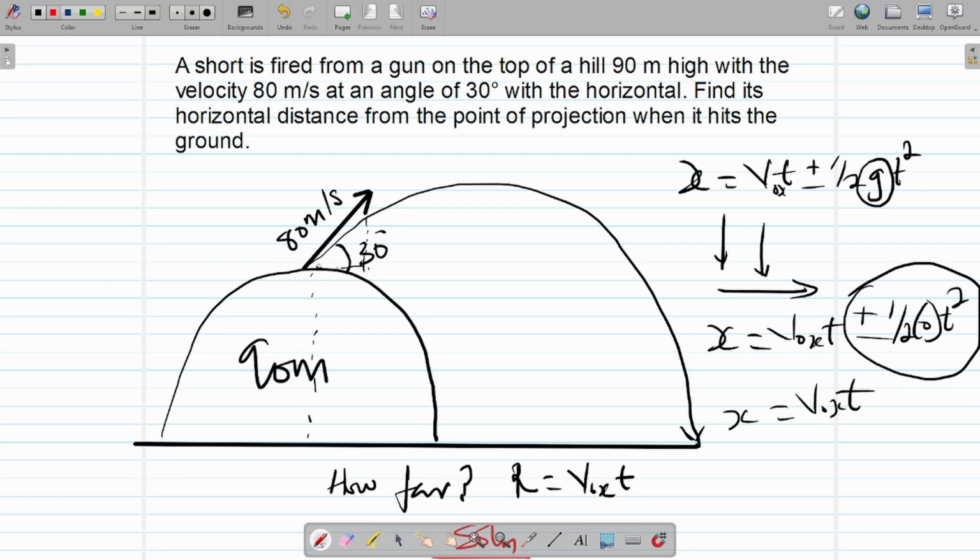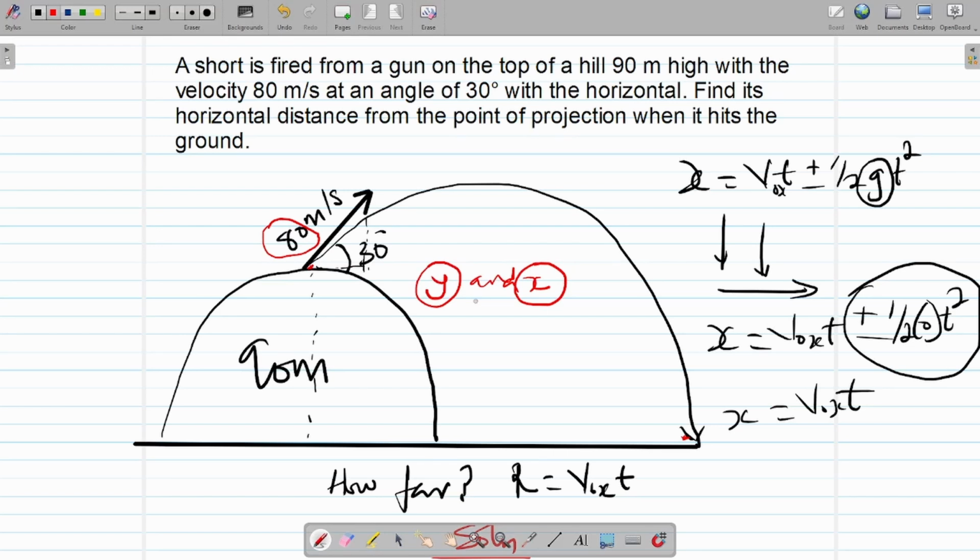The time it's going to take to go from the point of projection to the plane of impact depends only on the y component of the initial velocity. Don't use this 80 as it is. No, don't use 80 as it is. Break this 80 meters per second down into y and x components. Use the y to find time. Use the x to find the range.